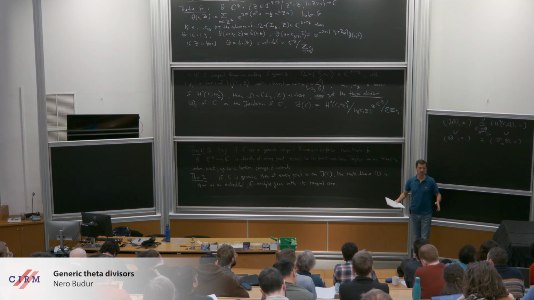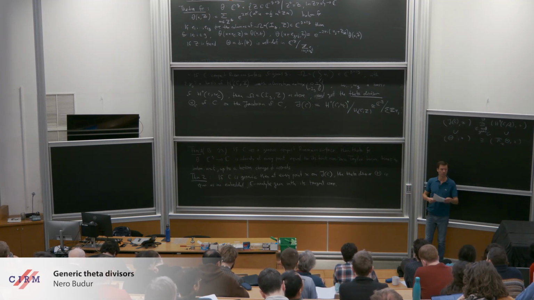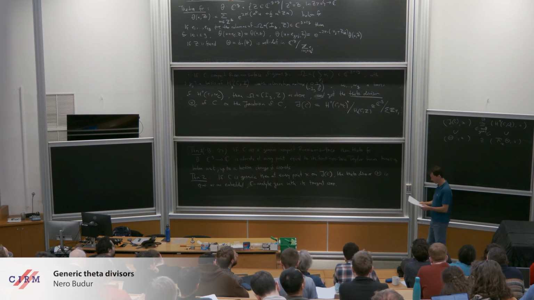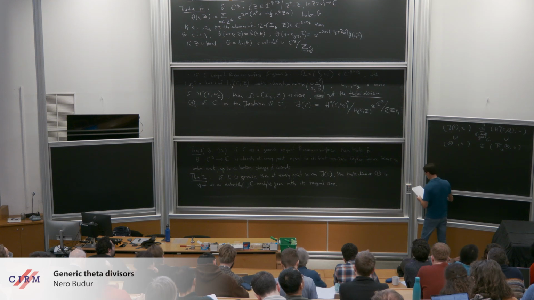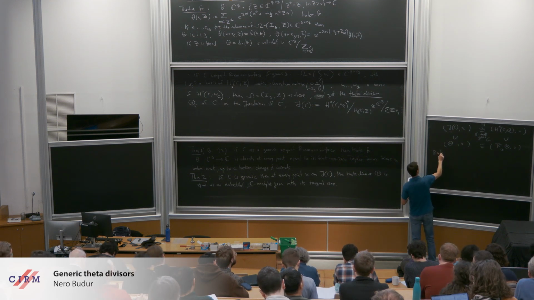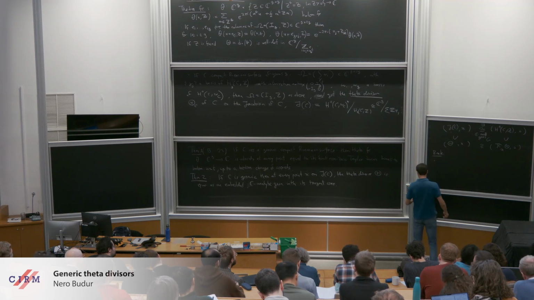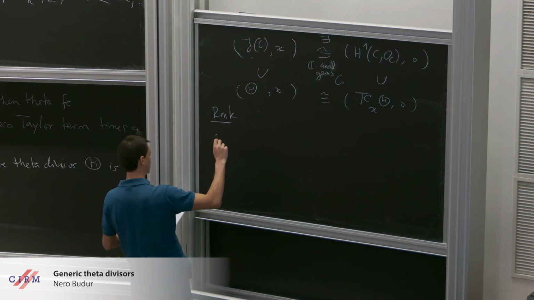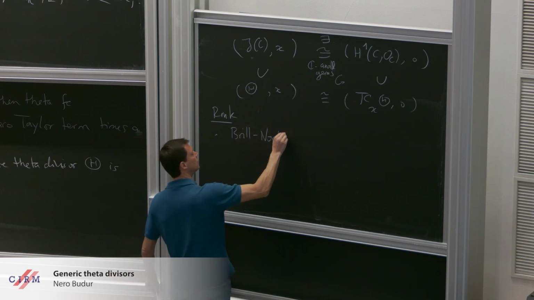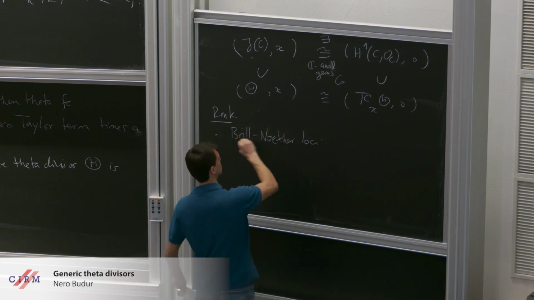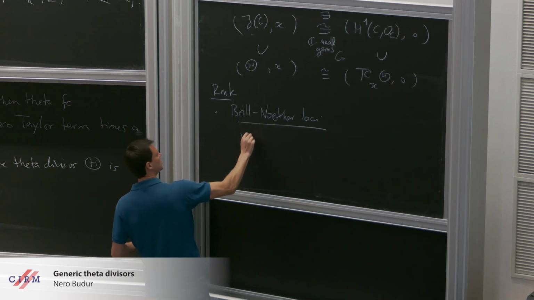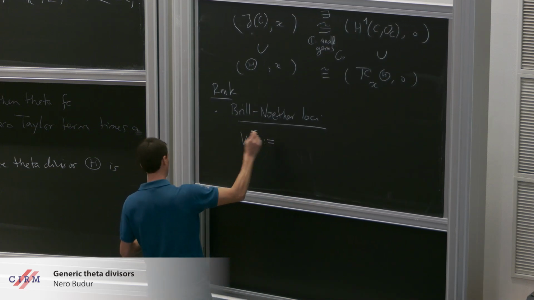So, we know a lot of things about the tangent cone. Here I'll begin by revising a bit of the classical theory for the theta divisor and Brill-Noether loci and tangent cones. One has the Brill-Noether loci W^r_d.